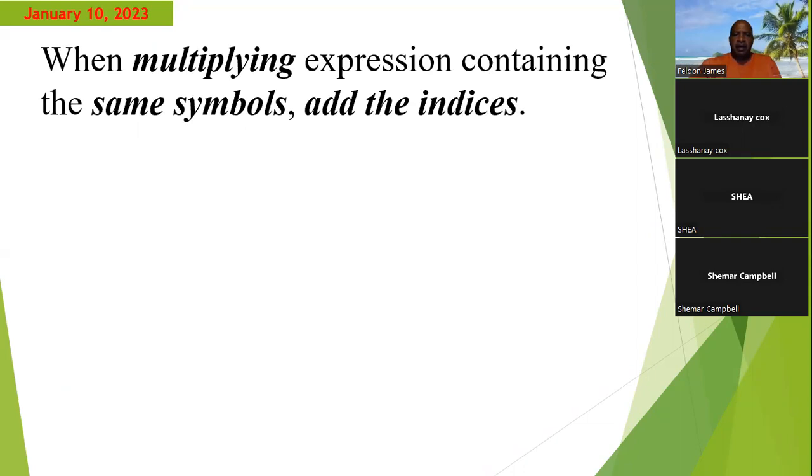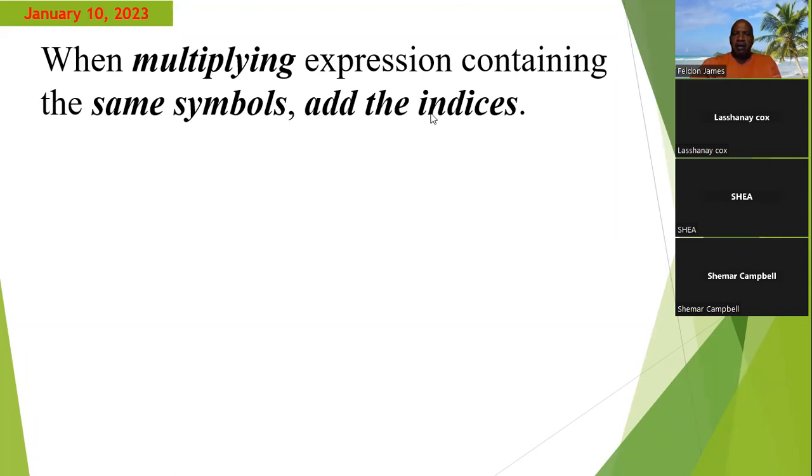Moving along. Now, we had mentioned before that when multiplying expressions consisting of the same symbol, we generally will use the indices property. So when the bases are the same, we count how many times the base occurs, and that gives you the power.